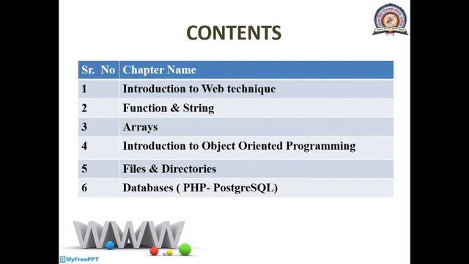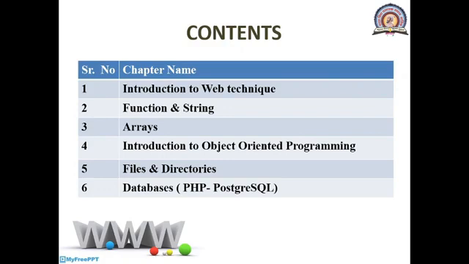Sixth chapter, Databases. We know that we can manage our data using a database management system effectively and efficiently. And there are different database management systems we have studied, that is MySQL is there, PostgreSQL is there.